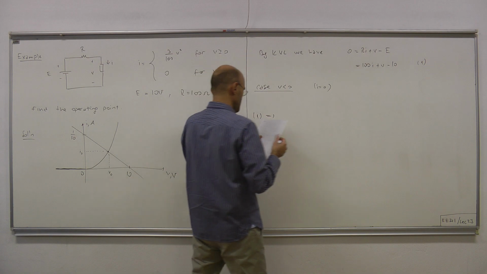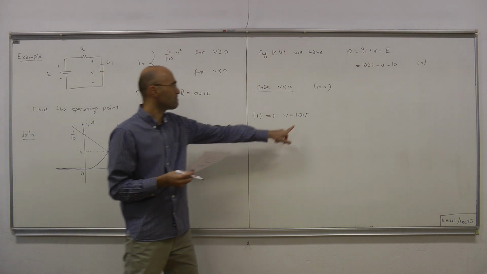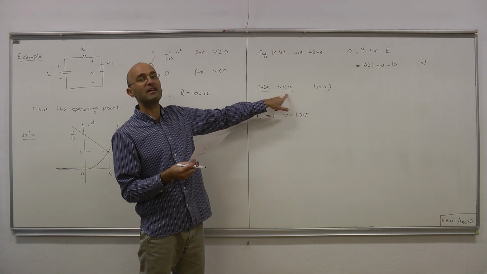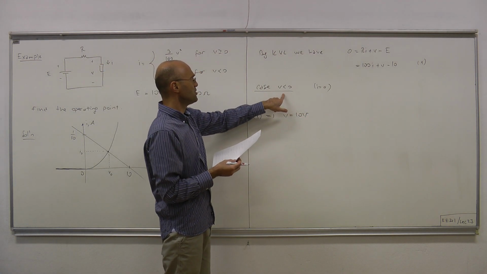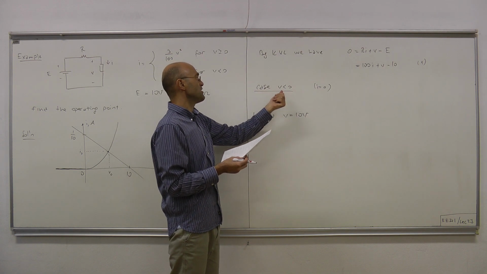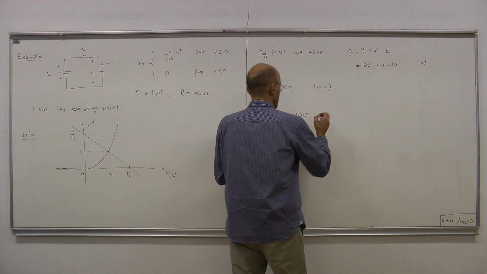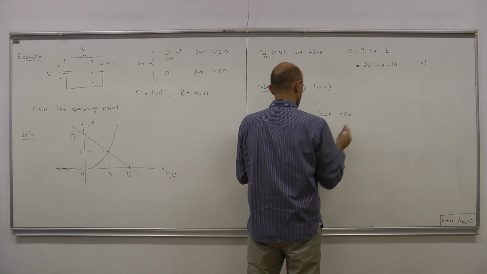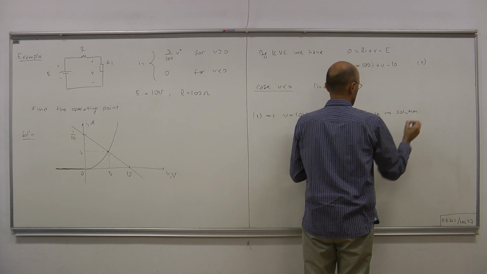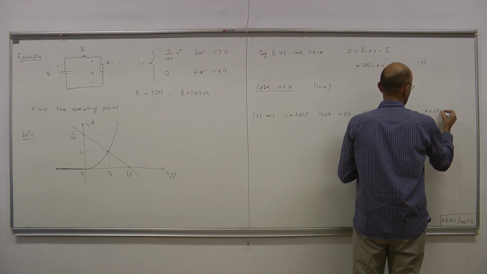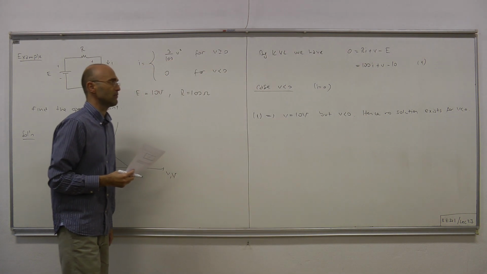So equation 1 implies that V equals 10 volts. But that violates the assumption we made in the beginning, which is that V is negative. Therefore, this case, V negative, does not produce any possible solution. No solution exists for which the voltage is negative.